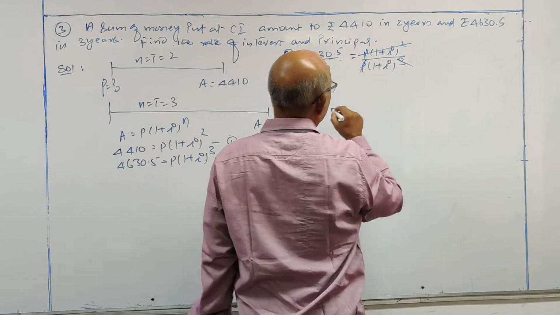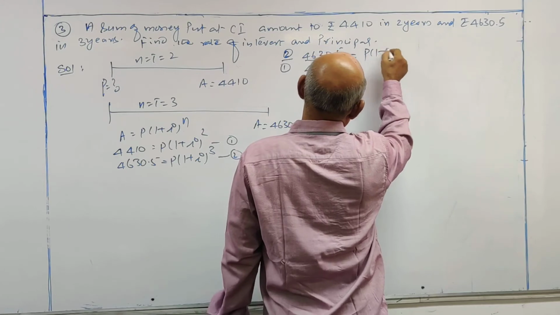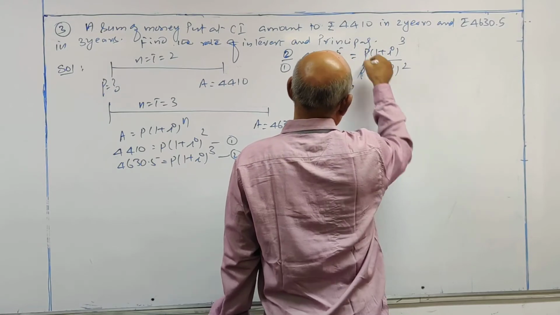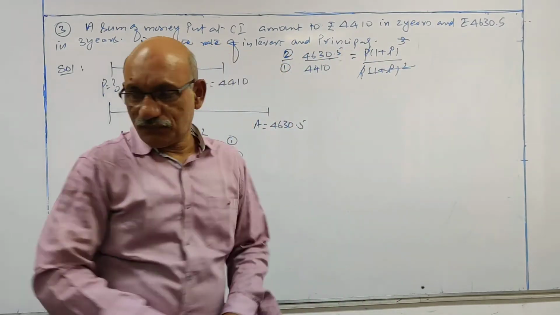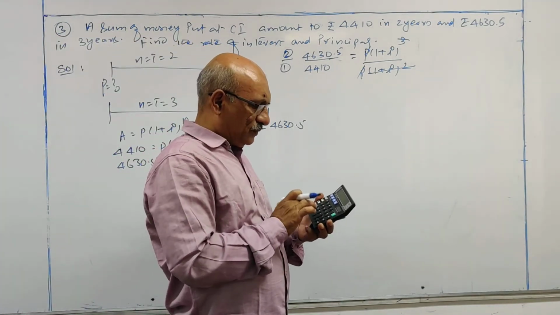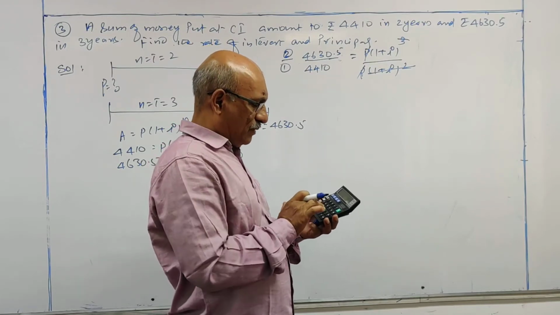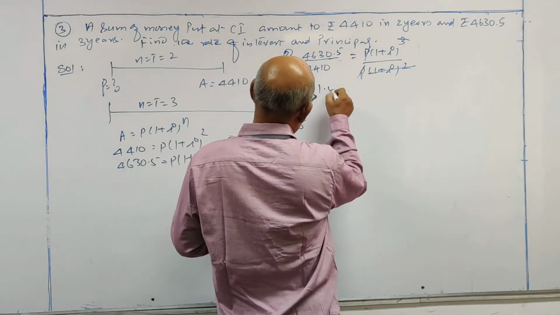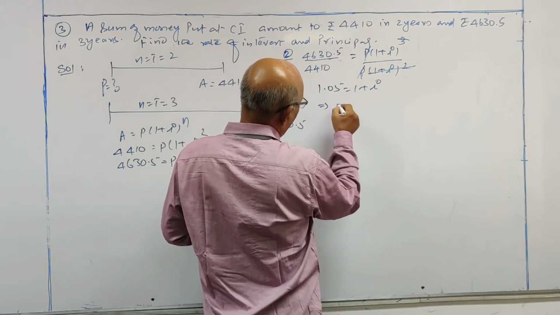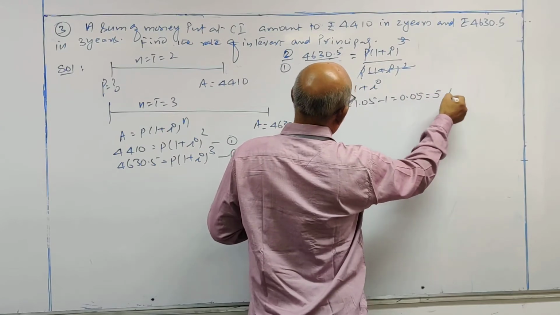P cancels and the power cancels. So look at this: 4630.5 divided by 4410 is 1.05, which is equal to 1 plus I. This implies I is equal to 1.05 minus 1, which is 0.05, that is 5%.